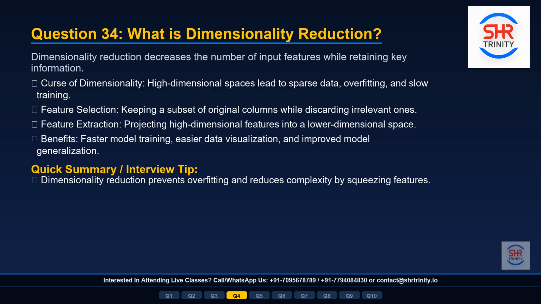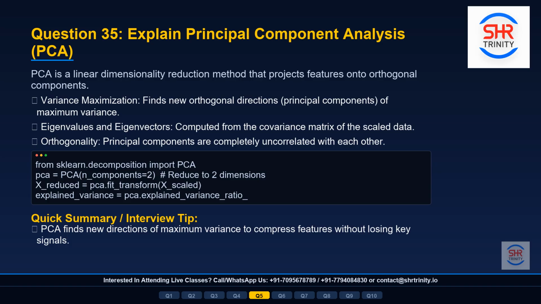Second, feature extraction, where we project the high-dimensional features into a new, lower-dimensional coordinate space, combining features mathematically. Dimensionality reduction makes training faster, reduces model complexity, and allows us to visualize high-dimensional data in simple 2- or 3-dimensional plots.